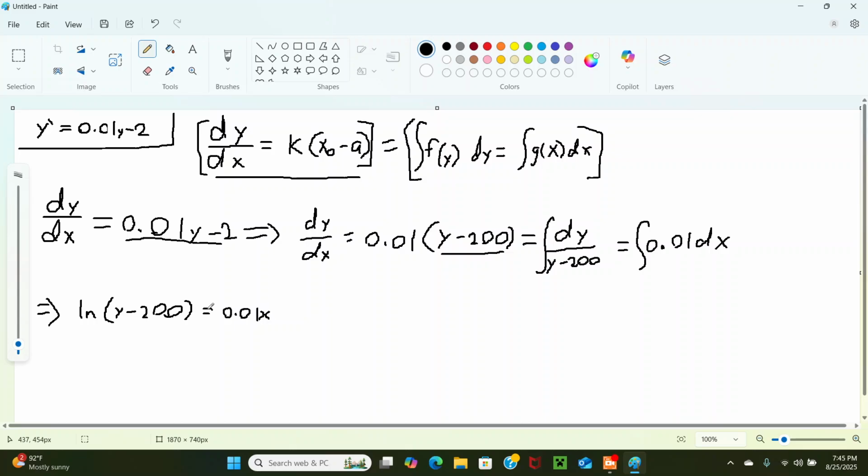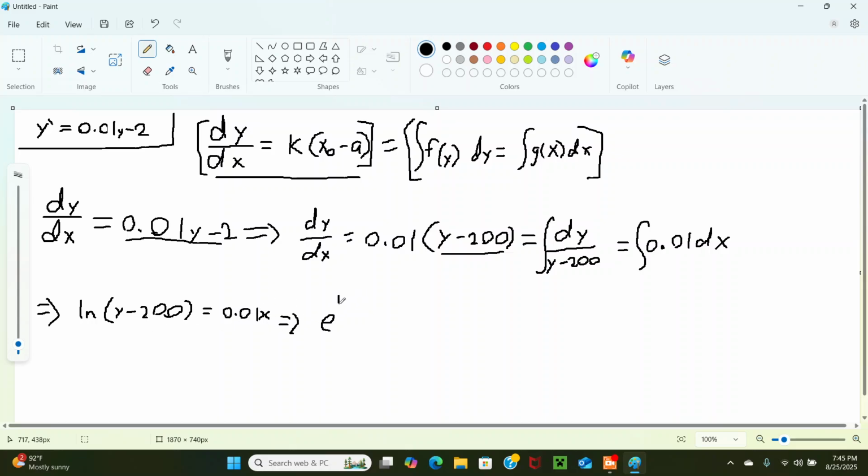Now there still isn't a satisfactory solution. We need to get rid of this natural log and we need to isolate y so that it is an actual solution to this differential equation. And I talked about it in the integrating factor videos. To get rid of the natural log, we need to exponentiate both sides. So we get e raised to both sides of our equation.